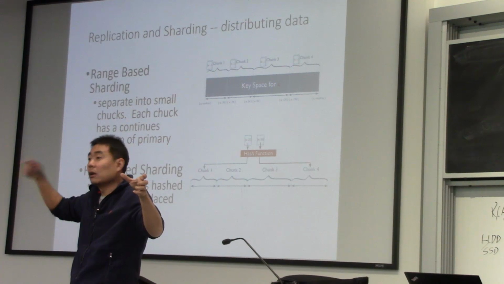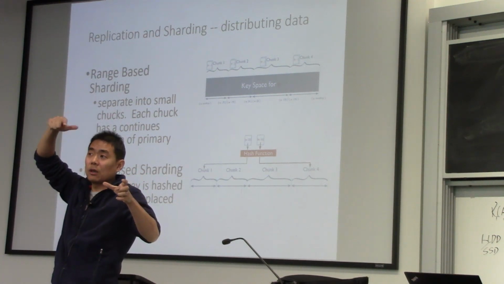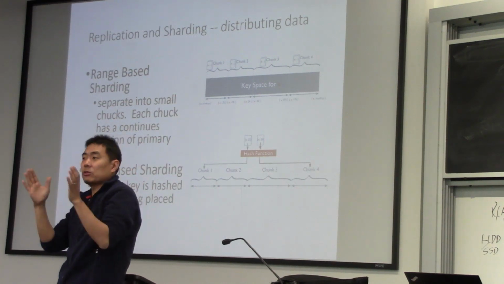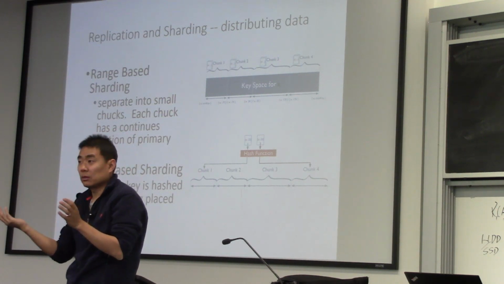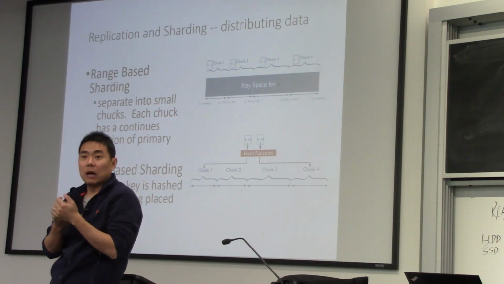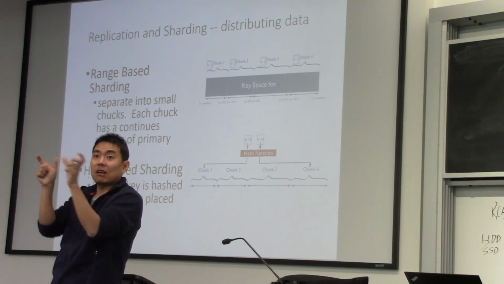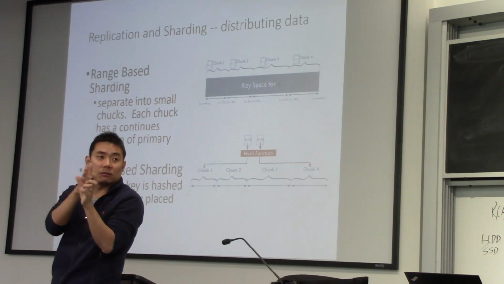Then you say, okay, all the file chunks with rating value between 1 and 10 go to the first node. All the file chunks with rating value between 11 and 20 go to the second node, and so on and so forth. What's the benefit of doing this? Well, if your query is based on the rating value, you can easily figure out where this query should go.